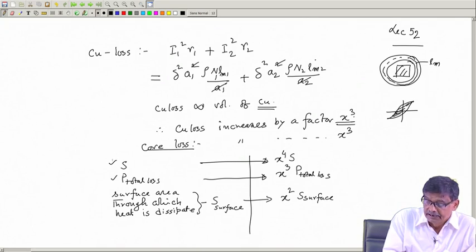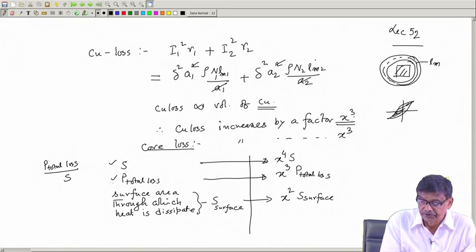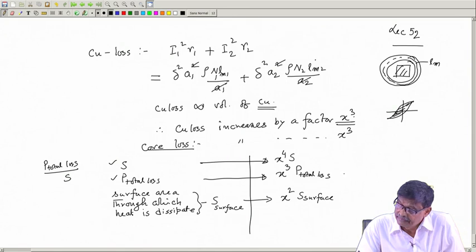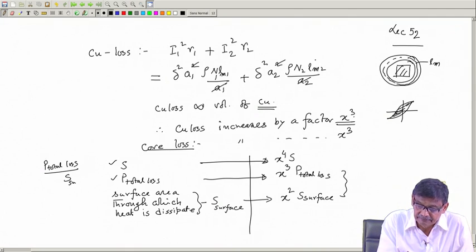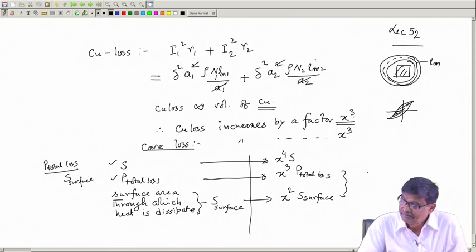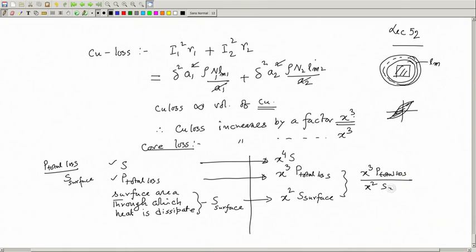So, here in this case, P total loss divided by S, this ratio, and here the same ratio, that is P total loss by x square S surface.